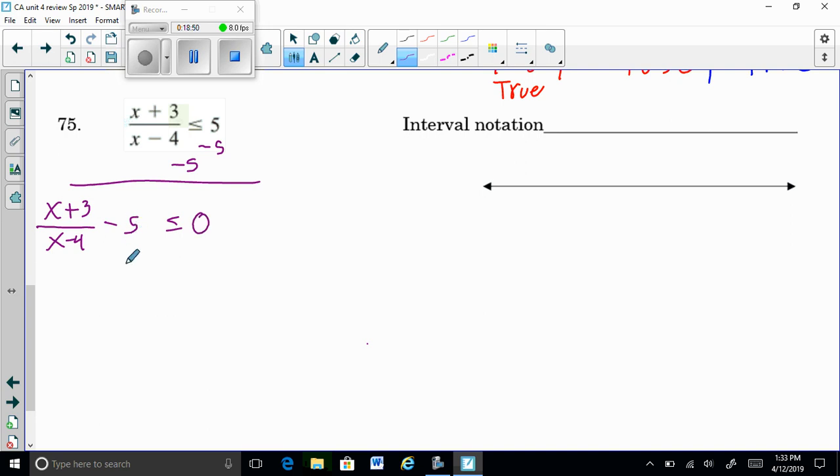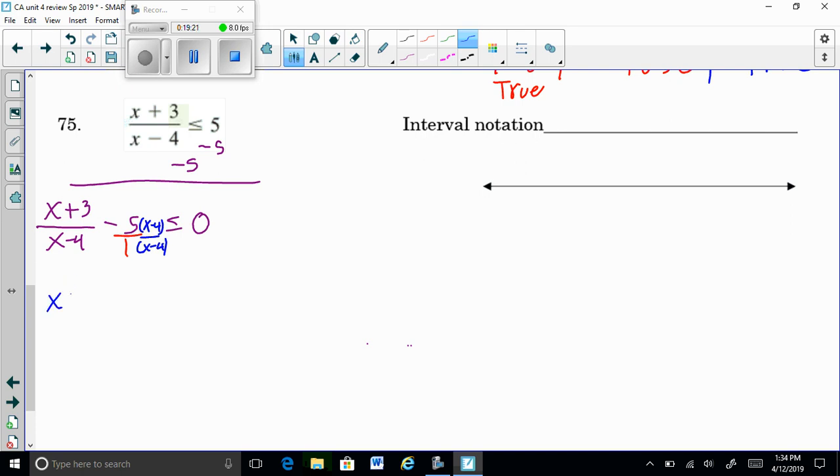I left some space here for a reason, because I want to bring this together as a single fraction. Once again, it's just going to make everything a lot easier. So what I'm going to do is multiply the top and bottom by x minus 4, which is basically multiplying by 1, it's just disguised. And that's going to allow me to bring these two together as a single fraction.